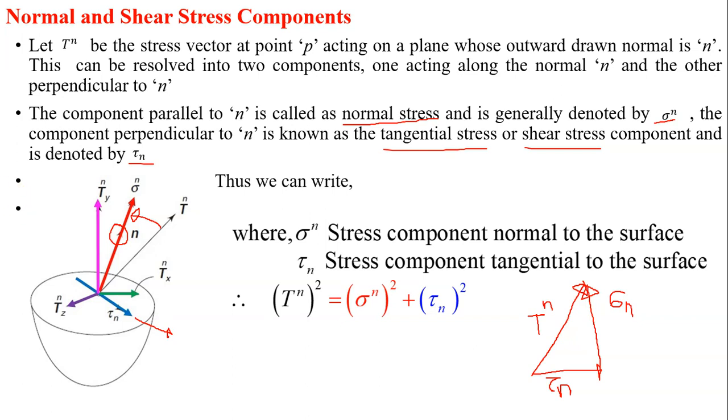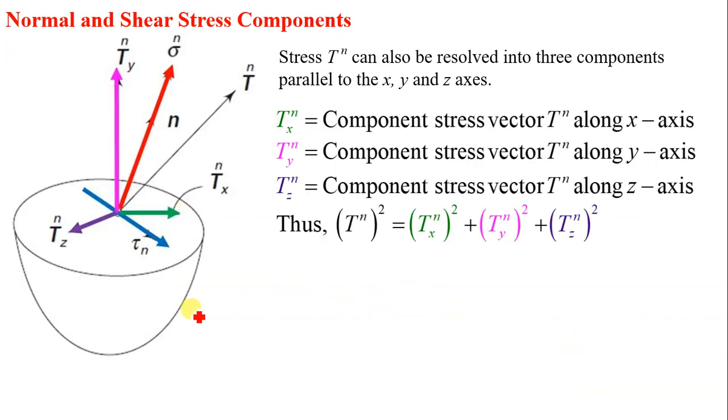Similarly, the given stress vector can be resolved along three axes x, y and z that we will discuss in this figure. Now suppose this is point P, this is x axis through point P, this is y axis through point P, and here this is z axis, and hence Txn is component of stress vector Tn along x axis.